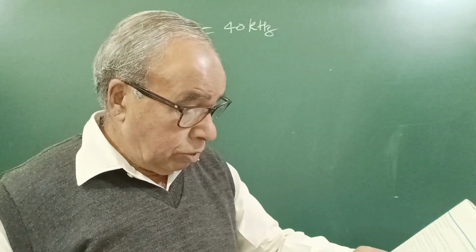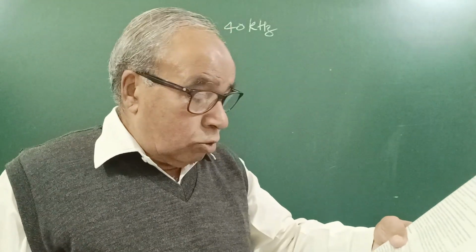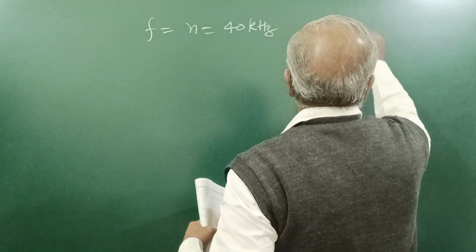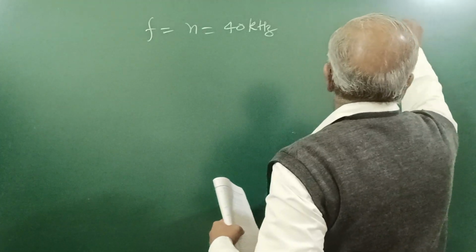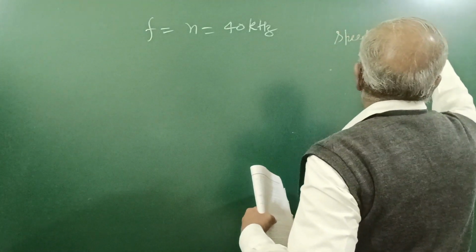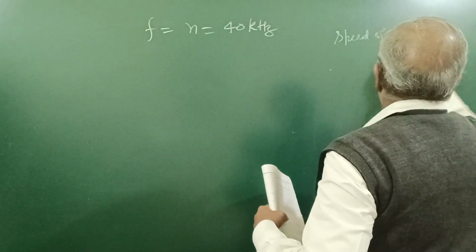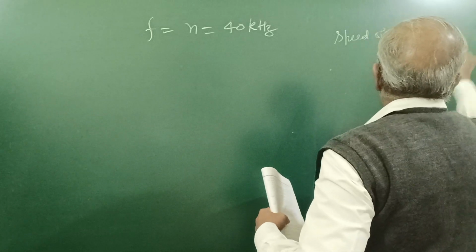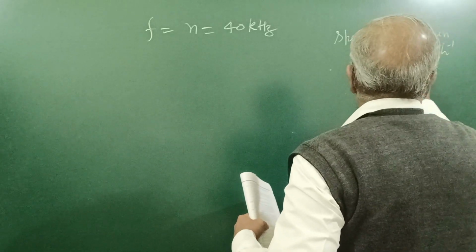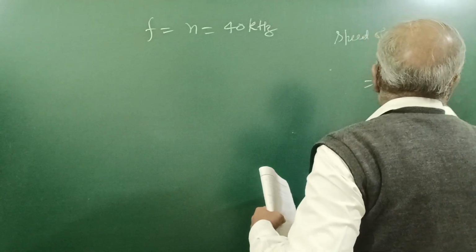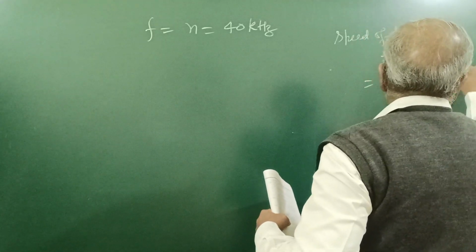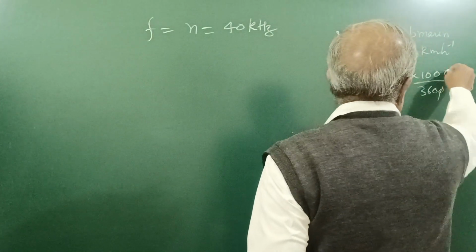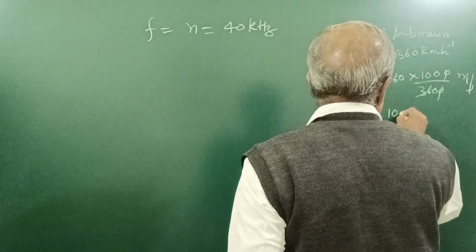An enemy submarine moved towards the sonar with the speed of 360 kilometer per hour. Your first fact is that 360 into 1000 meter upon 3600 seconds comes out to be 100 meter per second.